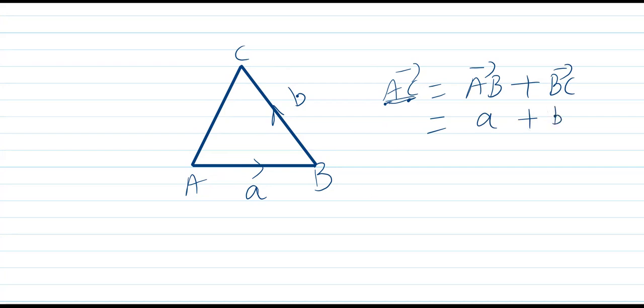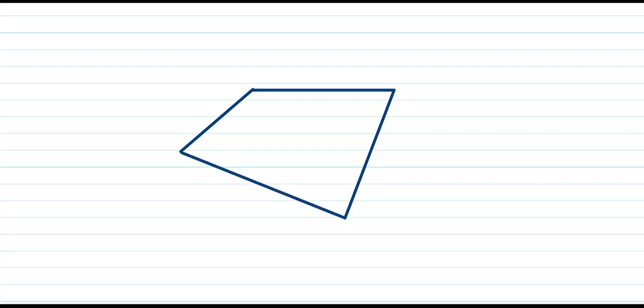Let me give you one more example here. Let's say this is A, B, C, D, this is A, this is B, this one is C, and I have to find AD.